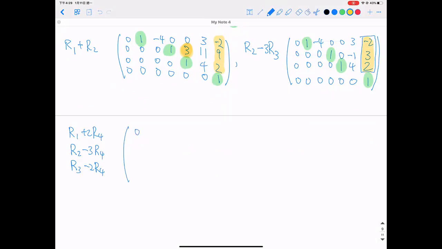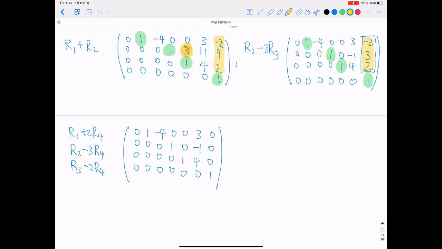So we will end up getting three, minus 1, 4, 0, 0, 0, 0, 1.